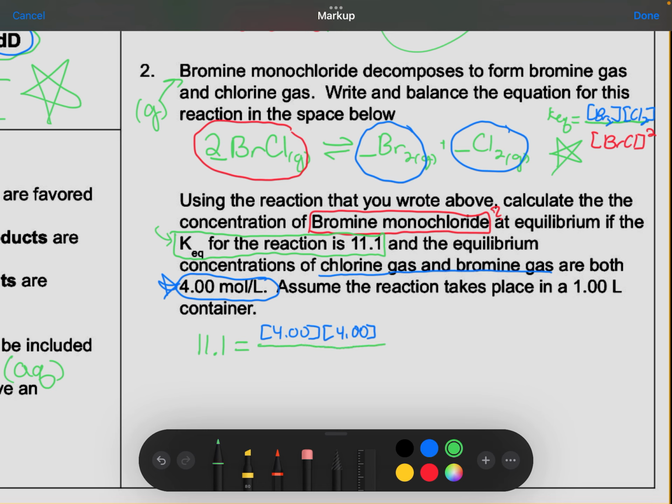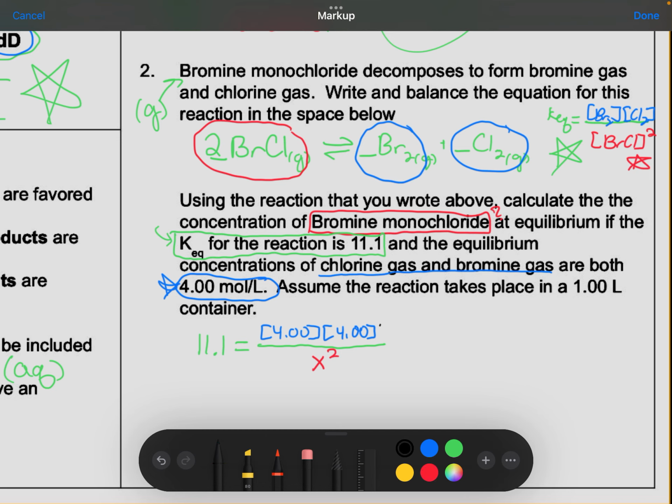Then down below, I have the thing that I don't know. I have my bromine monochloride, which I am going to express as X because I do not know what it is and I'm going to solve for it. And that X is squared because, again, in my constant expression up here, I knew that it was squared before. So mathematically, now I have to rearrange this whole thing to solve for X.